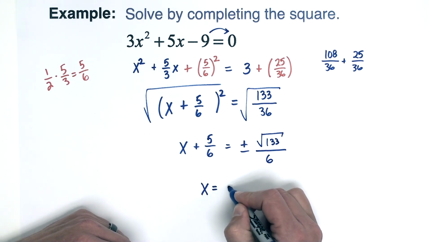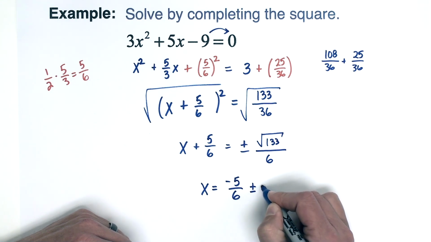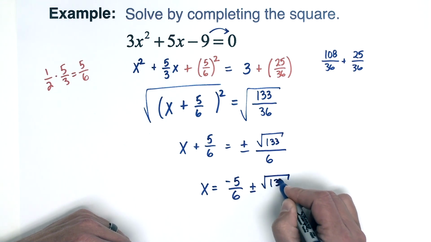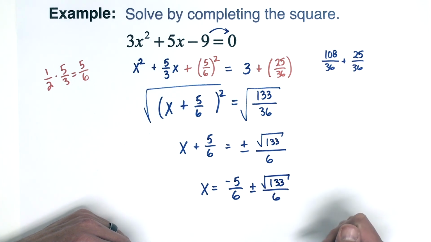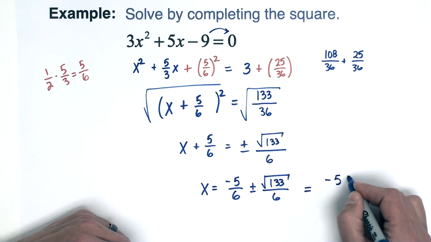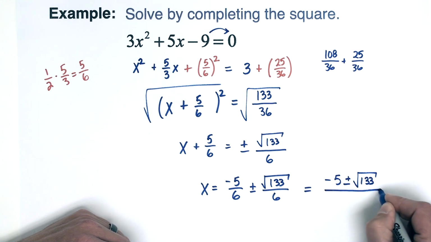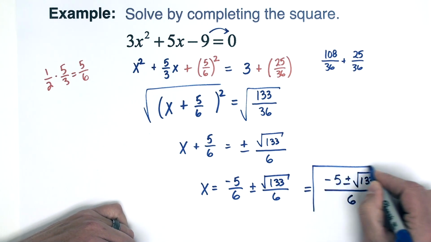So x equals negative 5/6 plus or minus square root of 133/6. And I want those fractions put together since they have a common denominator. So that's going to be negative 5 plus or minus square root 133 over 6.